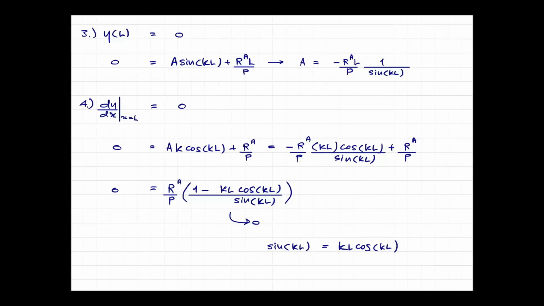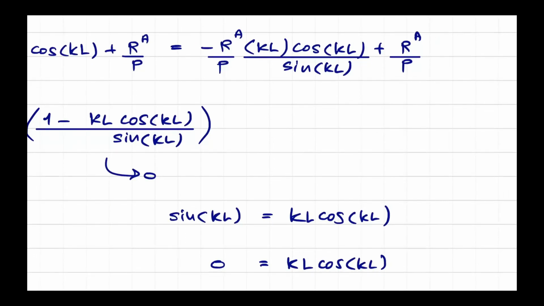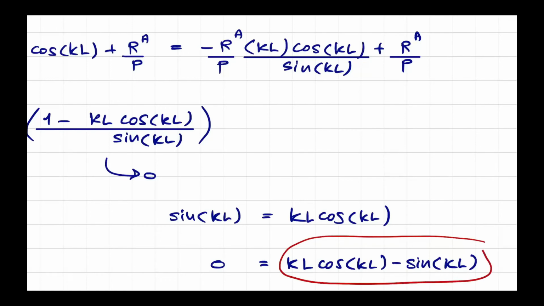So find the function values that satisfy this: 0 equals kL cosine kL minus sine kL, and this is your function to plot.